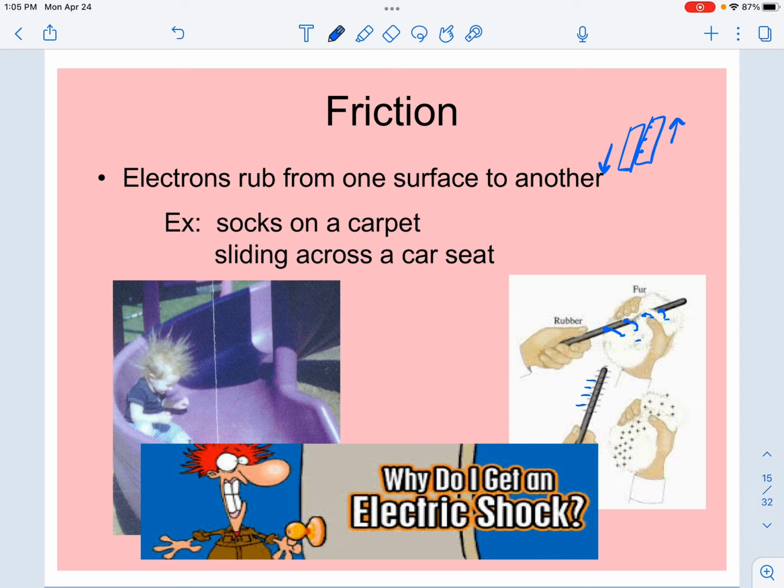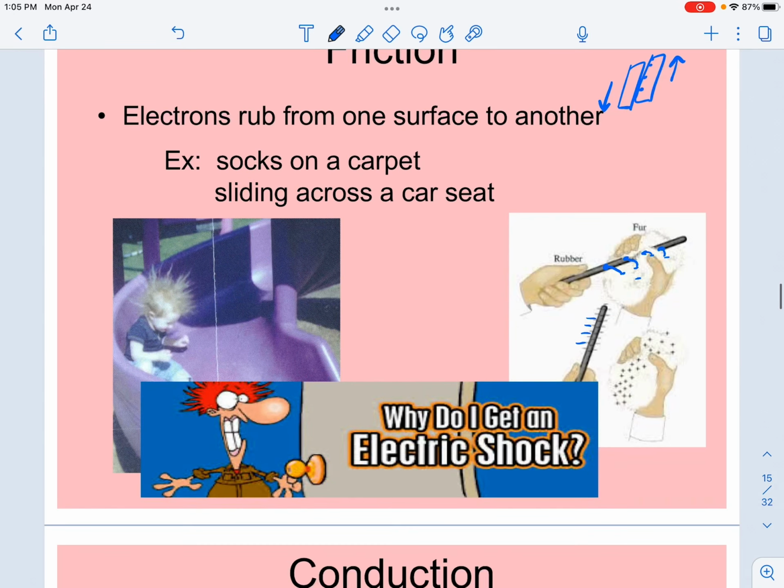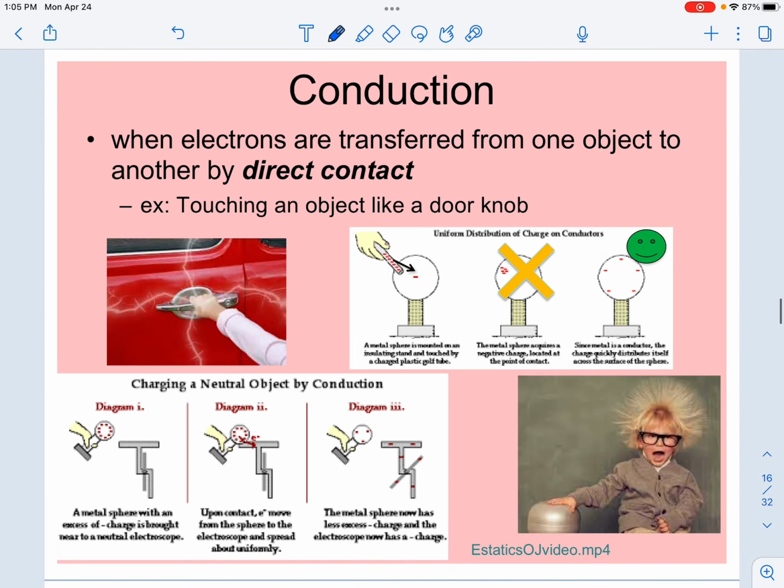So friction is the physical relocation, because we have two surfaces that rub against each other where the electrons are physically pulled off of one and collect on the other. In this case, we end up with two charged objects. My rod is going to have an overall negative charge, and as a result of losing those electrons, my fur is now left positively charged because of the deficit of electrons that it has.